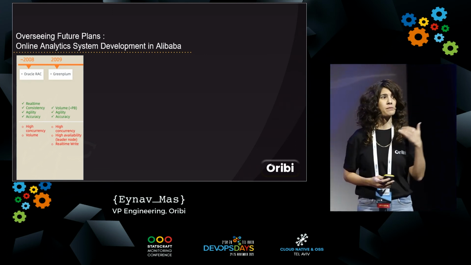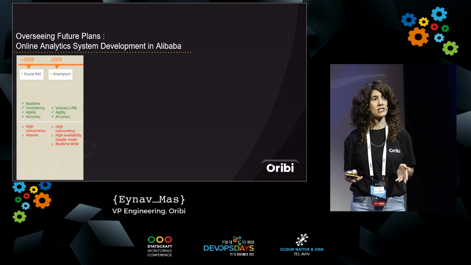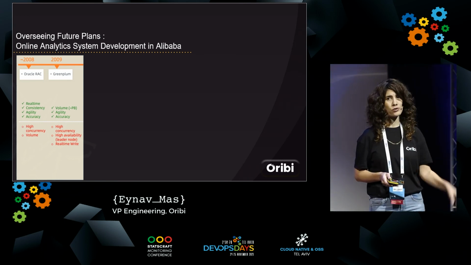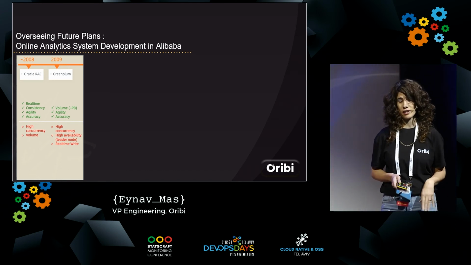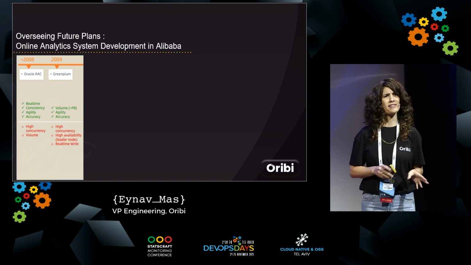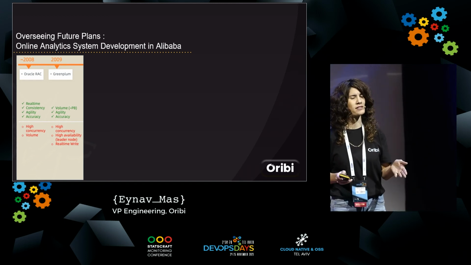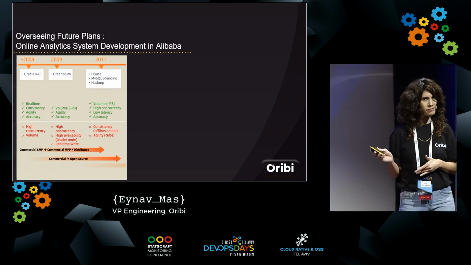They understood that the business is growing and this data solution cannot fit its goal. So they changed. It still wasn't a good fit because they still had a high concurrency issue. So they did another change. It took them more time because it was a major one. And they moved to HBase and Hadoop.